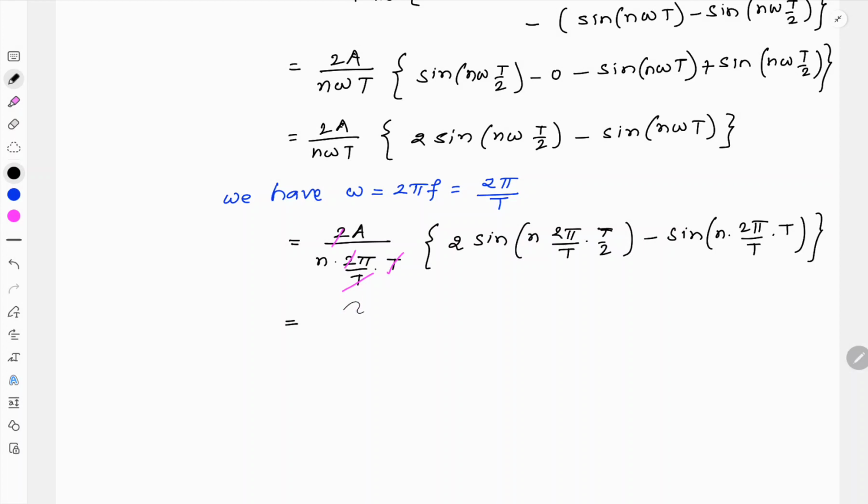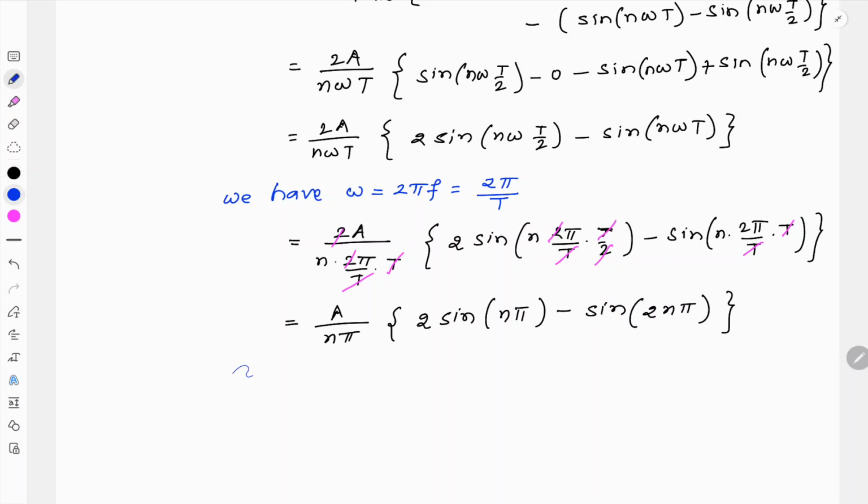The term remaining is simply A upon n pi, and in the bracket we have 2 sin of, here also the 2 gets cancelled out and T also gets cancelled out, so the remaining term is only n pi, minus sin of, and if we simplify these terms again, T and T get cancelled out, so it is simply sin of 2n pi.